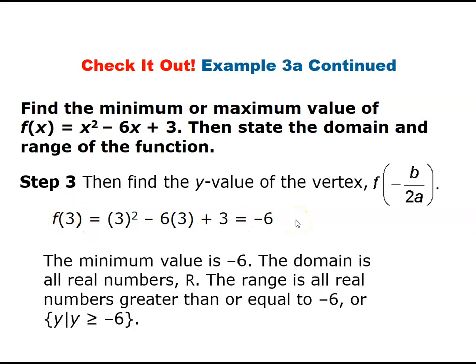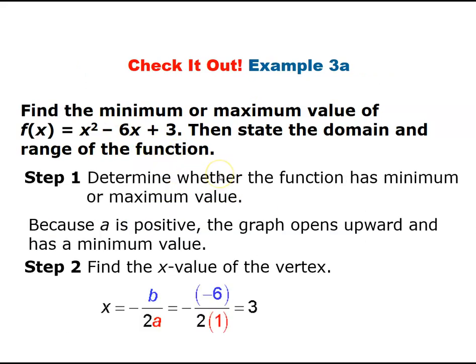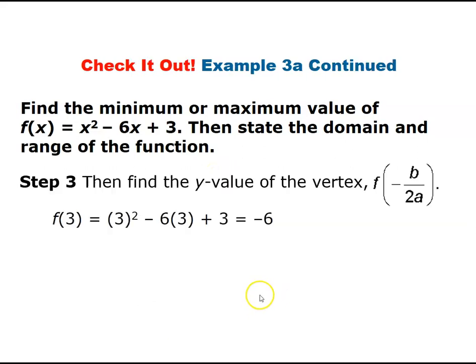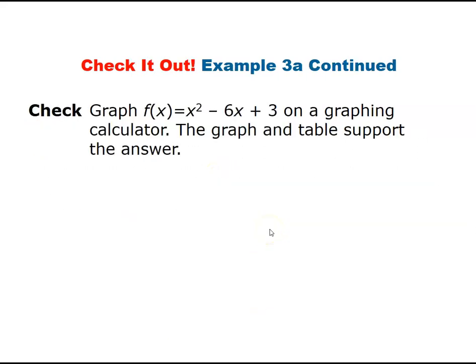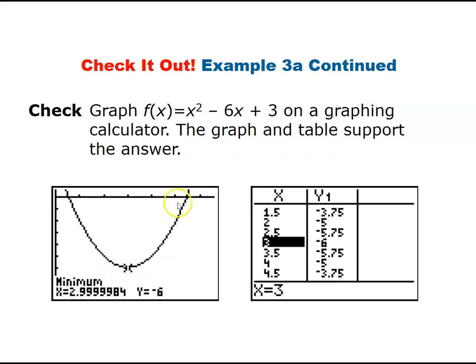So the minimum value is negative 6, the domain is all real numbers, and the range is numbers greater than or equal to negative 6, because this one opens upward. What is our vertex again? The vertex is 3 and negative 6. So your graph now is here.